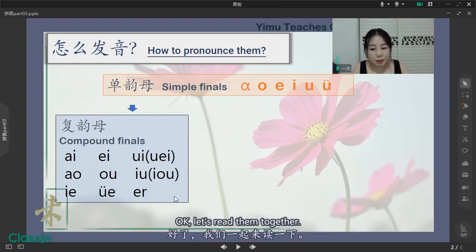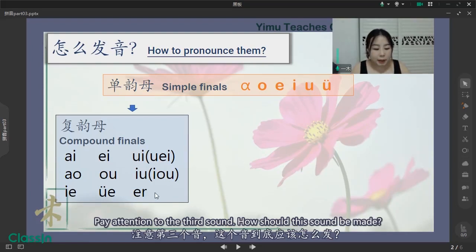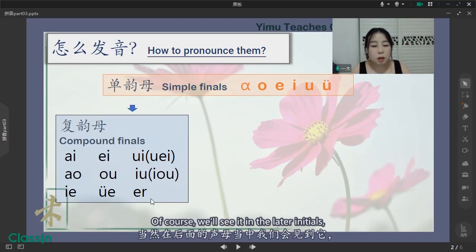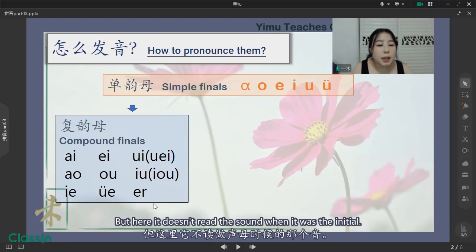Okay, let's read them together. Ao, ou, iu, ie, üe, er. Pay attention to the last sound. How should this sound be made? We notice that there is a letter here that we haven't seen. Of course, we'll see it in the later initials, but here, it doesn't read the sound it does as an initial.